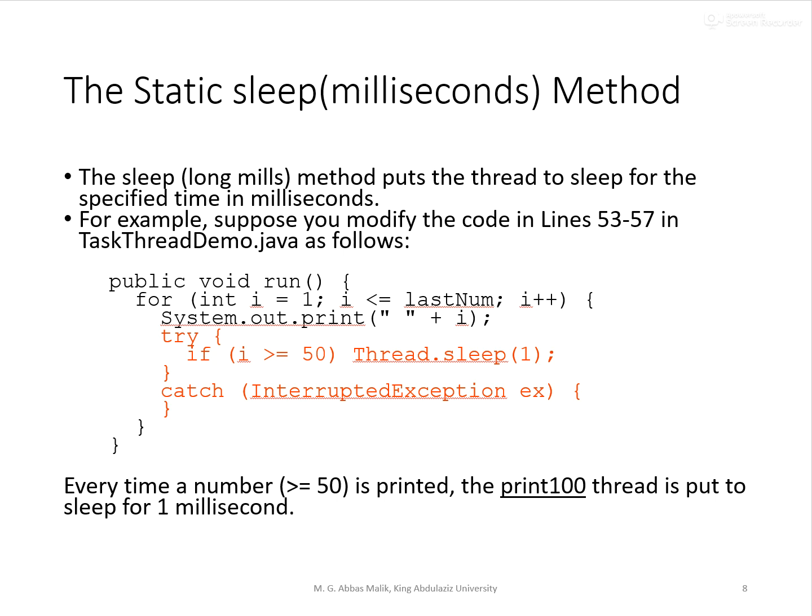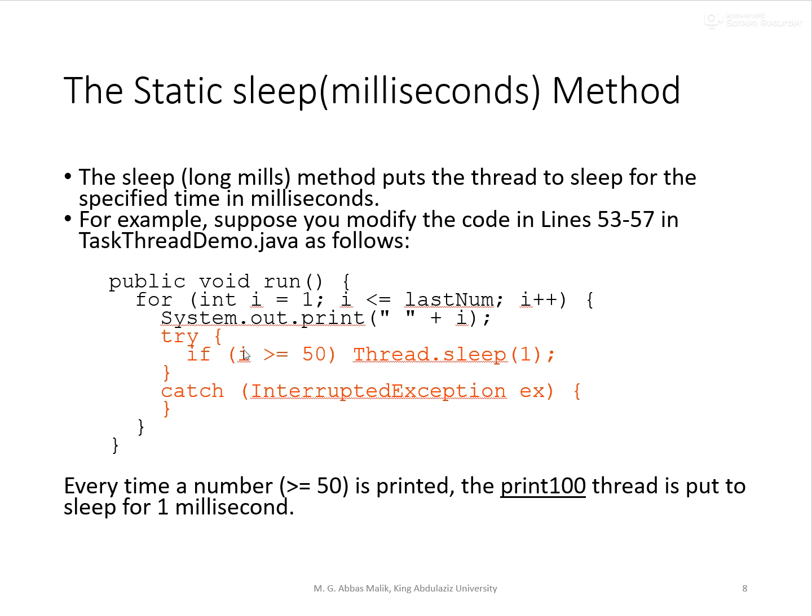You can also not only force a thread to give up control of the CPU, but give it up for at least a certain period of time. So in the same printNum class, inside the run method, here inside the for loop, after you print out a number, you could add this code in red.